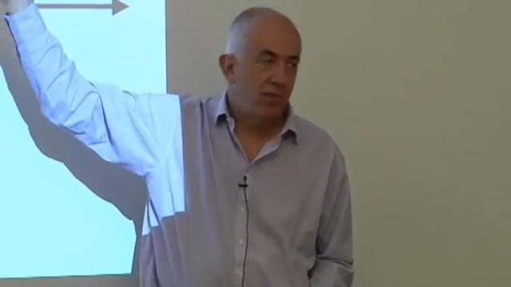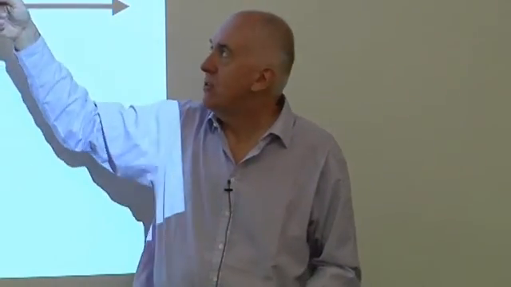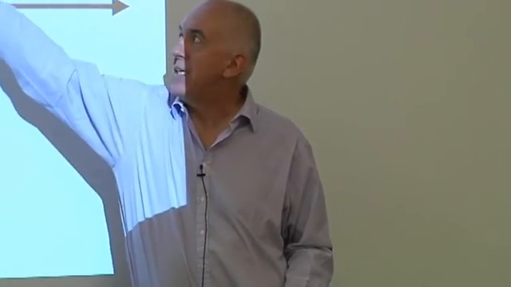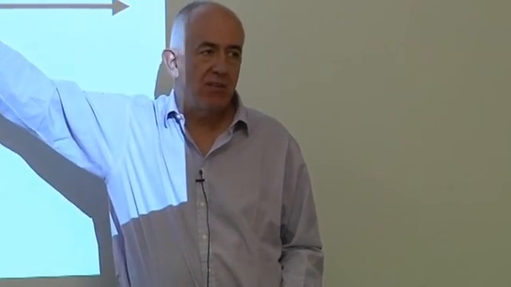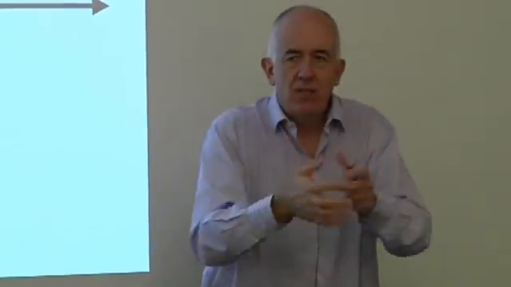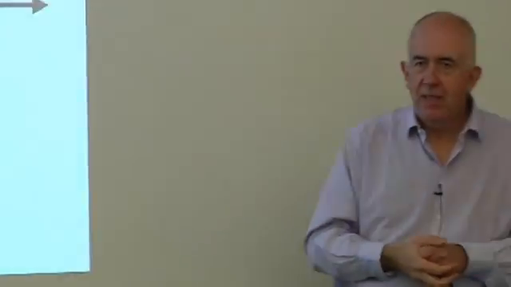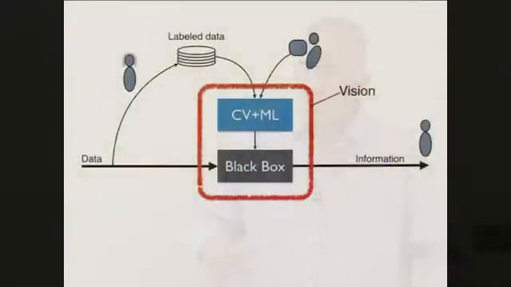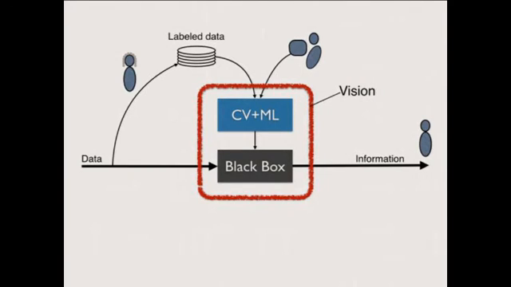And then we have sort of a ground truth. And the ground truth, together with our expertise in machine learning and computer vision, allows us to train this black box. And once the black box is ready, we pass it on to someone who will use it. And they will be either happy or unhappy. Okay, that's it. And so the computer vision problem is this, right? So that's what we think.